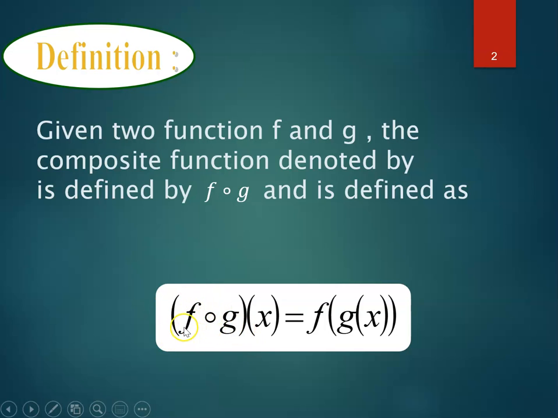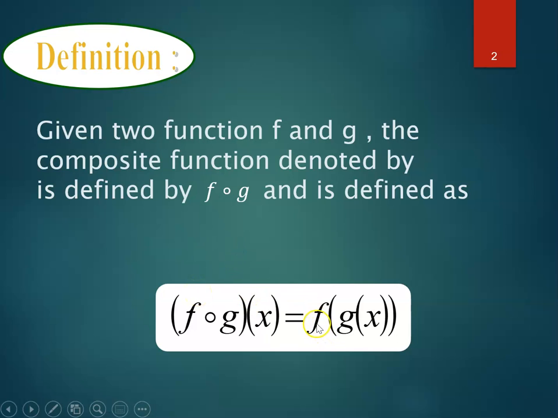F, small letter f and g, this one is actually not a dot, it's kind of a small circle, g, and then we have function x, which can also be written in this form, f bracket g x. Which means that we have two functions, f and g. The function at the back is the one that you're going to substitute into the first function.